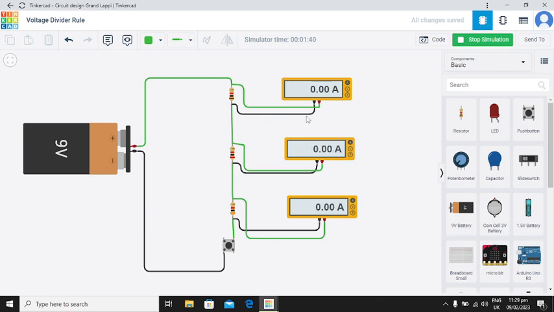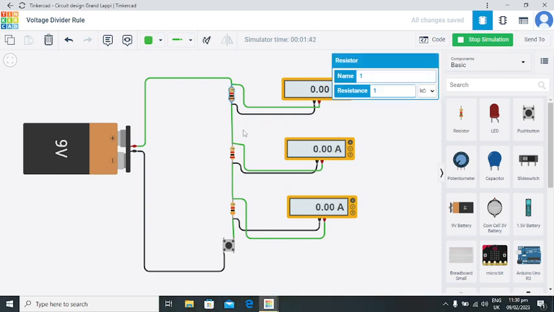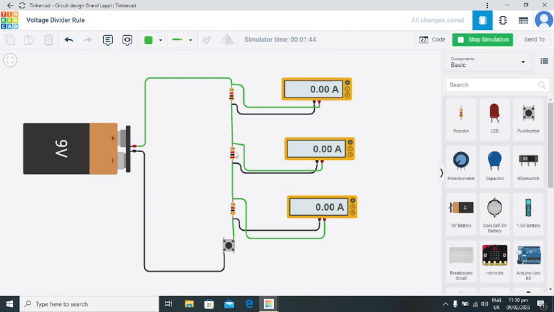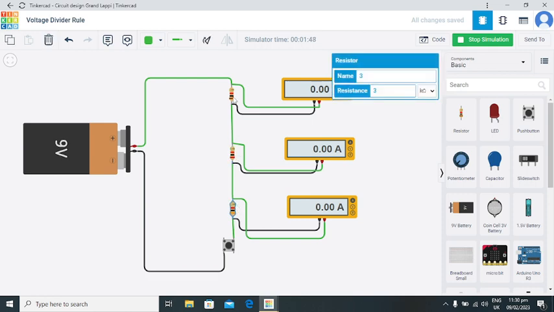Okay, and what would happen if we change the resistance of these resistors? So resistance 1 kilo ohm, from kilo ohm to mega ohm, or mega ohm to giga ohm, whatever you want to select.